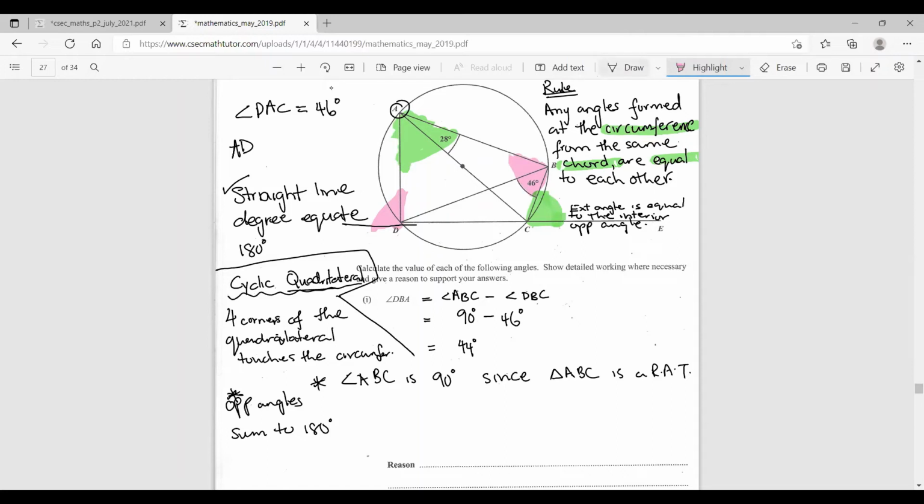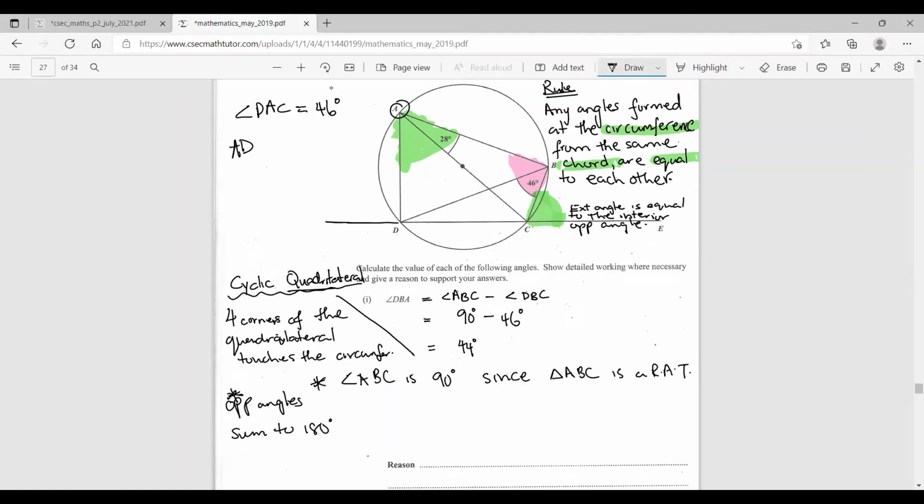As we can see, if I put a straight line here, how much is this? And we're seeing two straight lines meeting. Anytime two straight lines meet, what is the angle in between them? Two straight lines.